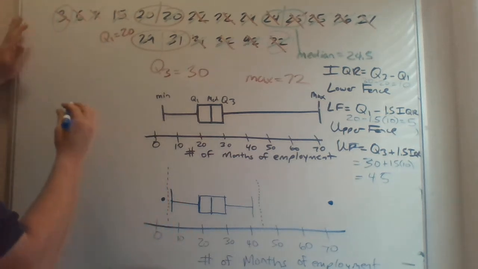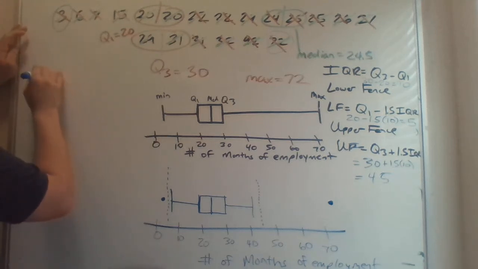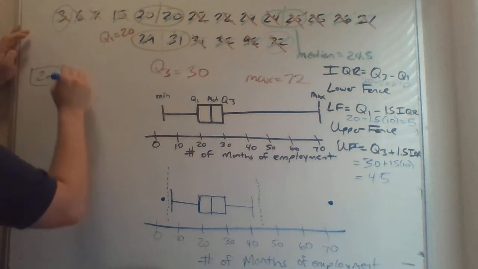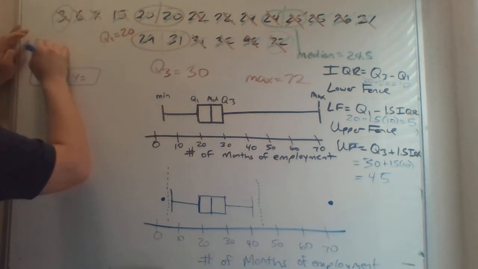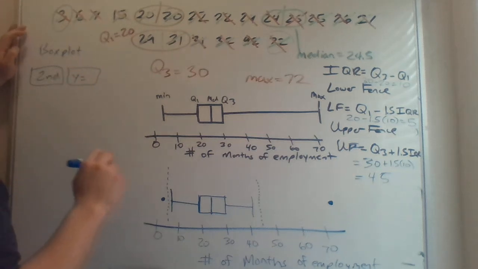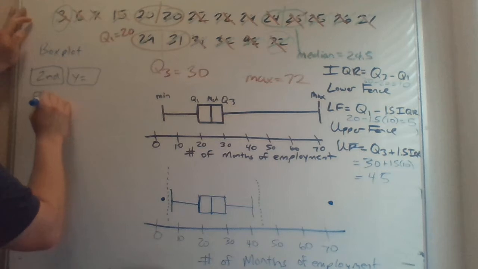But the other thing your calculator could do, if you enter this data into your calculator, is you could push second y equals. This is for box plot. Second y equals, plot 1.